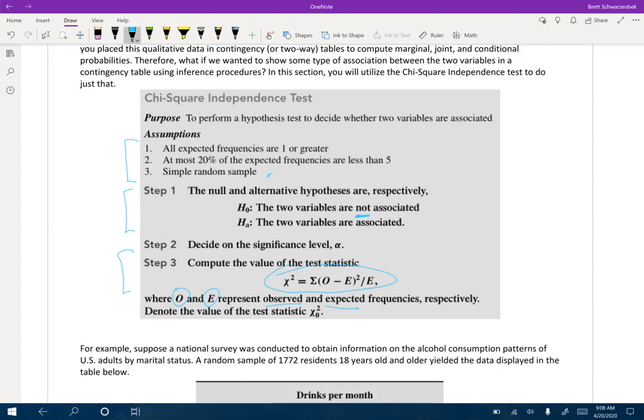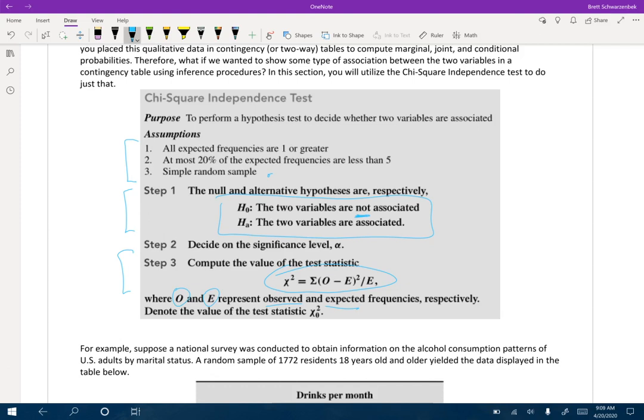Well, if you think about it from this standpoint, returning to the null and alternative weirdness going on here, let's say O and E are the same value. That means what you expected is exactly what was observed, which means that the two bivariate variables are not interacting with each other to change anything.